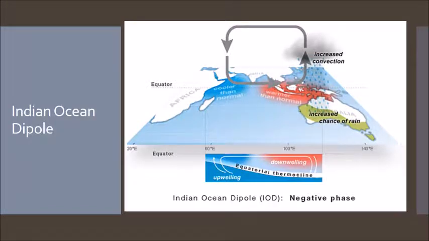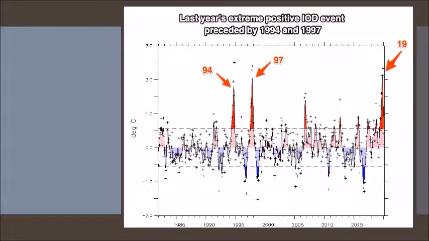So, with that being said, let's have a look at where the warm water has been found in the Indian Ocean over the last 25, 30 years.